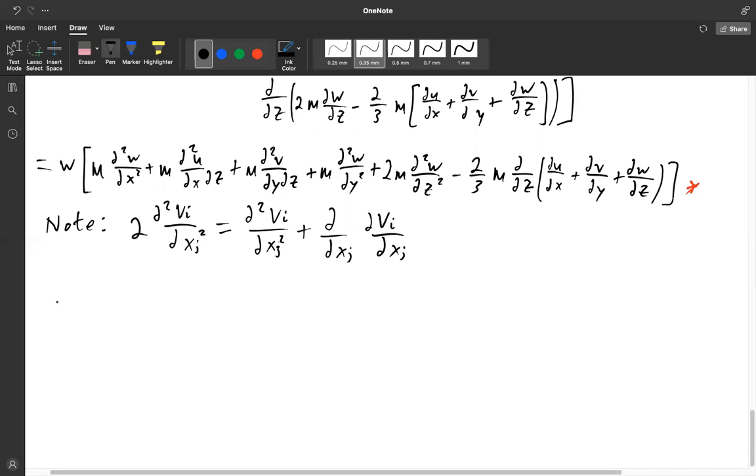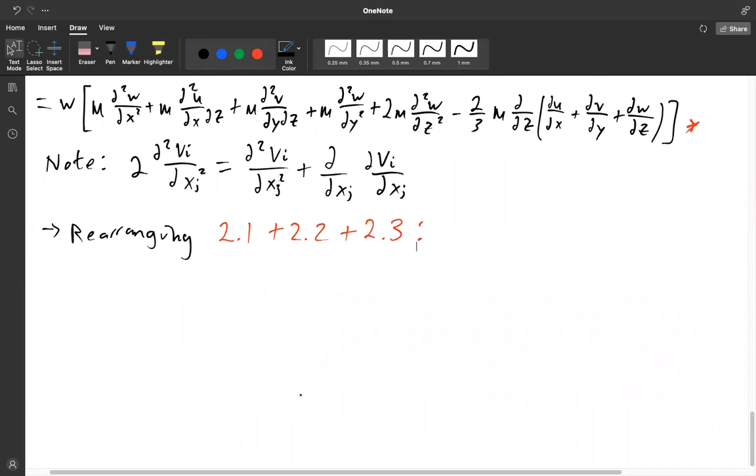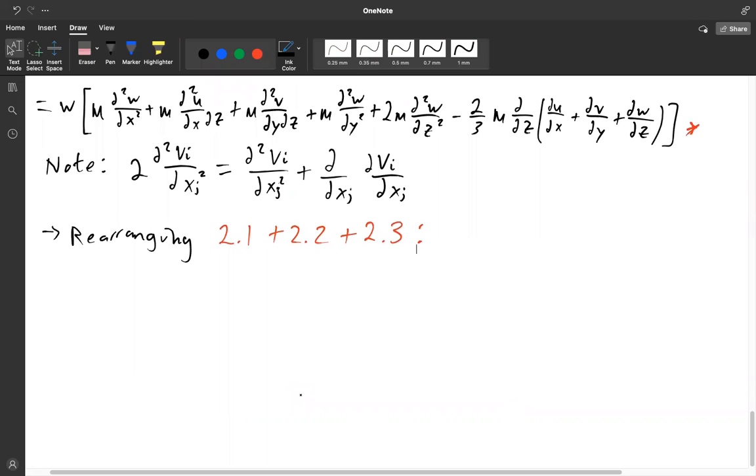So you can say that, rearranging 2.1 plus 2.2 plus 2.3, we get the following.